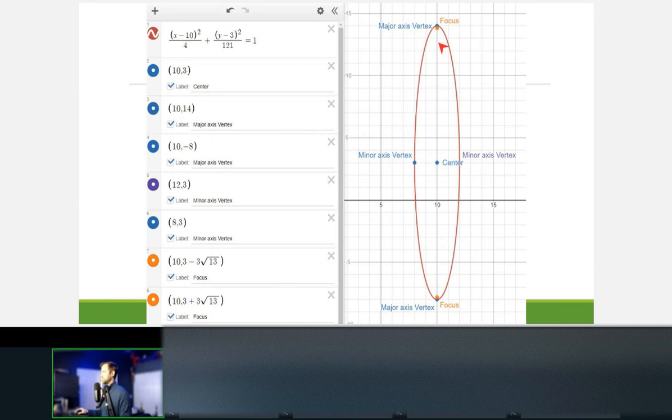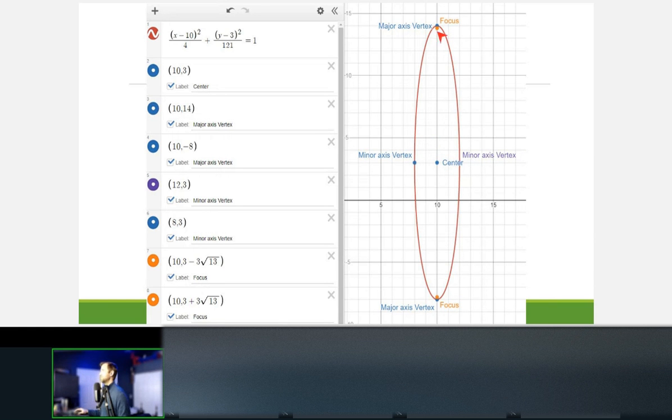It's going to graph that for us, and then once you type in everything else, if stuff doesn't land where it's supposed to, like the major vertices, if they're floating outside of it or inside of it, you either didn't type it in right or you didn't calculate it right. If your center doesn't look like it's the center, you probably didn't do it right. If your minor vertices are floating outside or inside the ellipse, you didn't do something right.